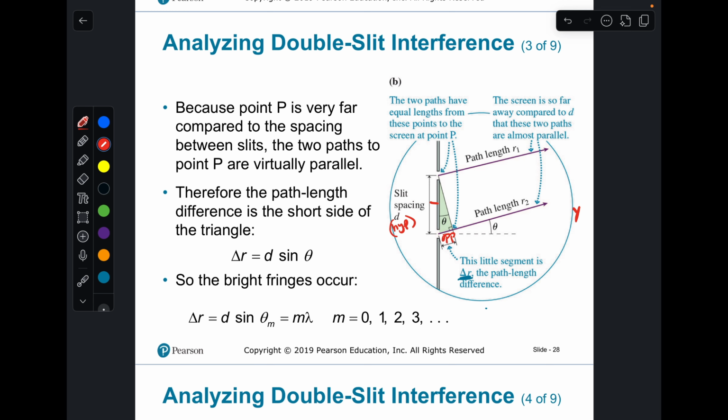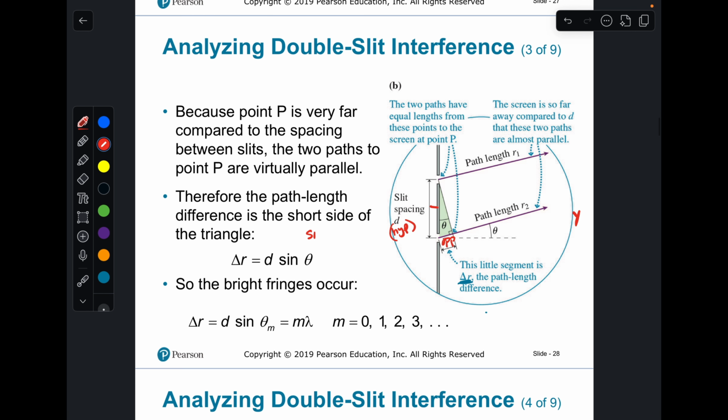So what trig function do you have when you use opposite over hypotenuse? You have sine, right? And so if sine theta is equal to opposite over hypotenuse, then that means it's equal to delta R, our path length difference, divided by D. So now we can rearrange to solve for delta R. And you can see that delta R will equal D sine theta.